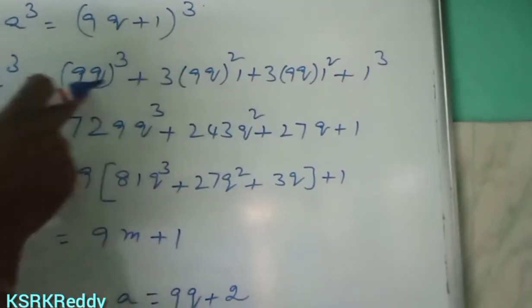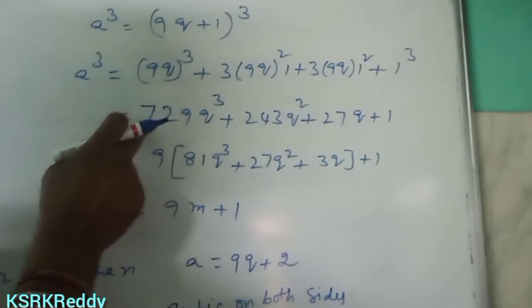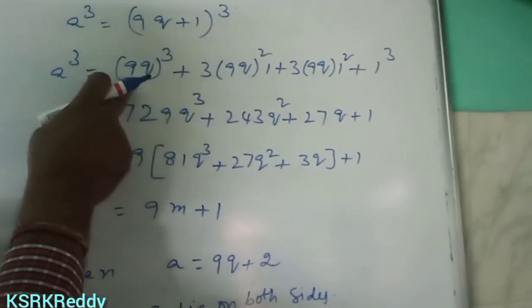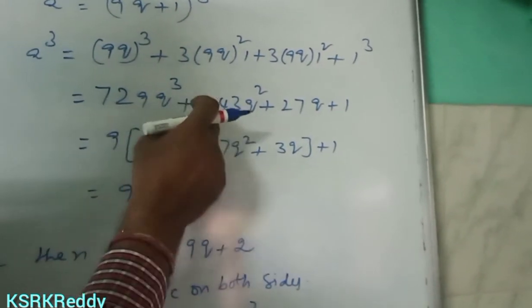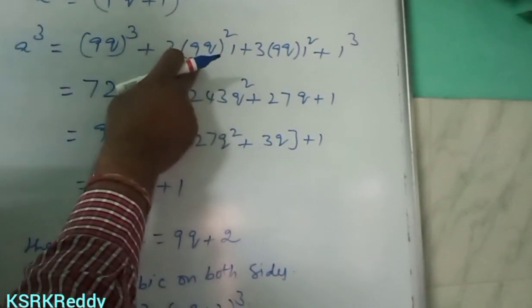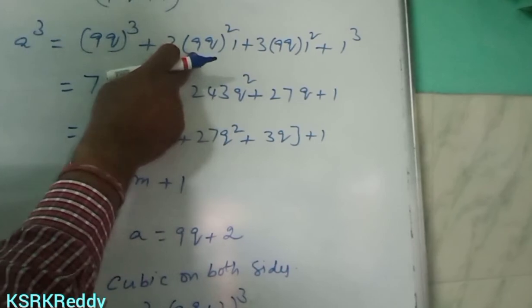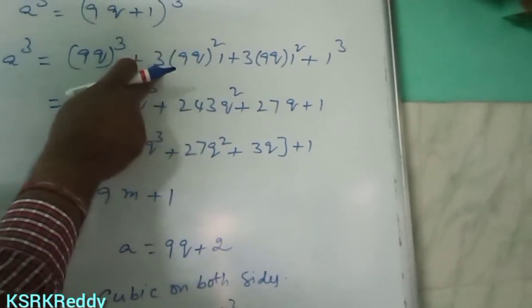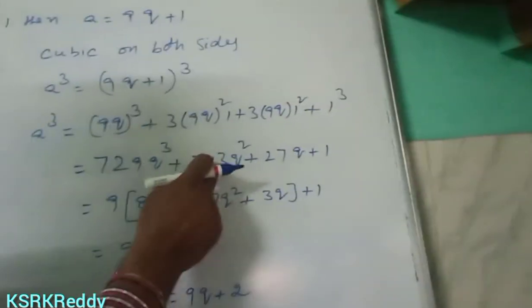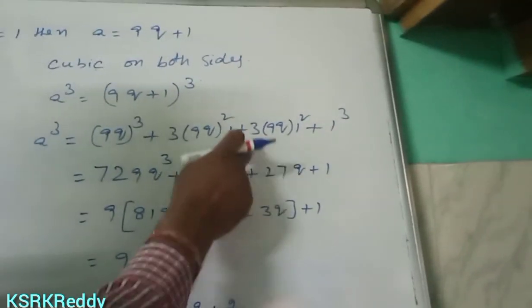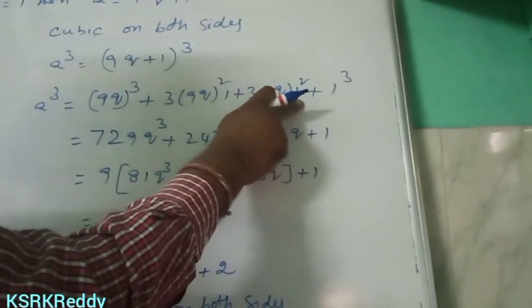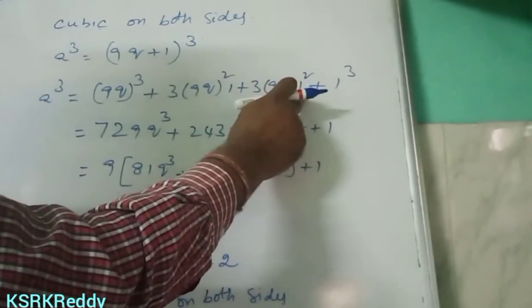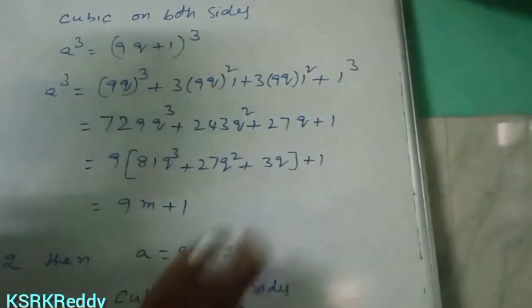And simplify it. (9q) whole cube means 9 multiplied 3 times: 9 times 9 is 81, 81 times 9 is 729 q cube, plus 3 times 9 square and q square. 9 square means 81, 81 times 3 is 243, so 243 q square, plus 3 into 9q into 1 square, which is 27q, plus 1.